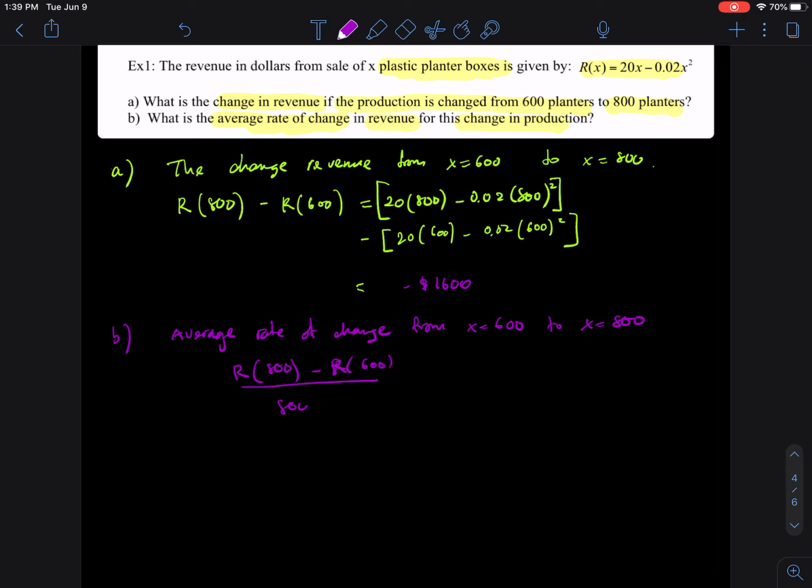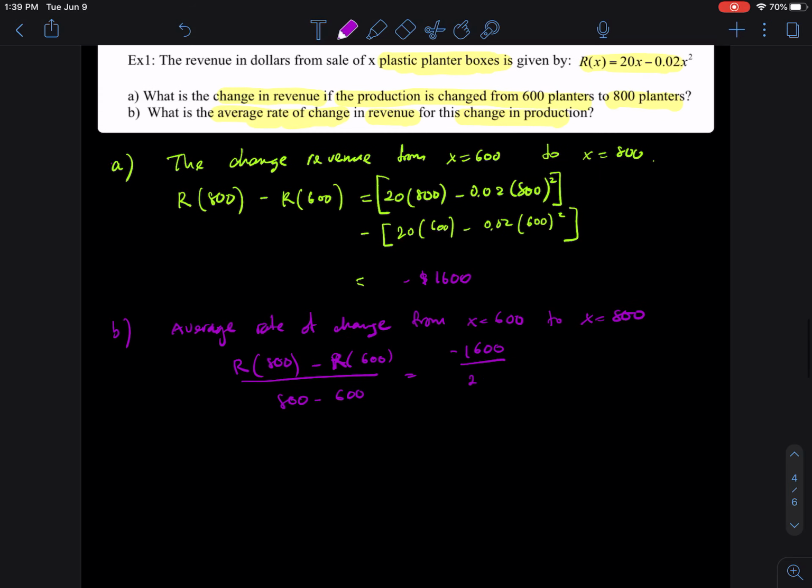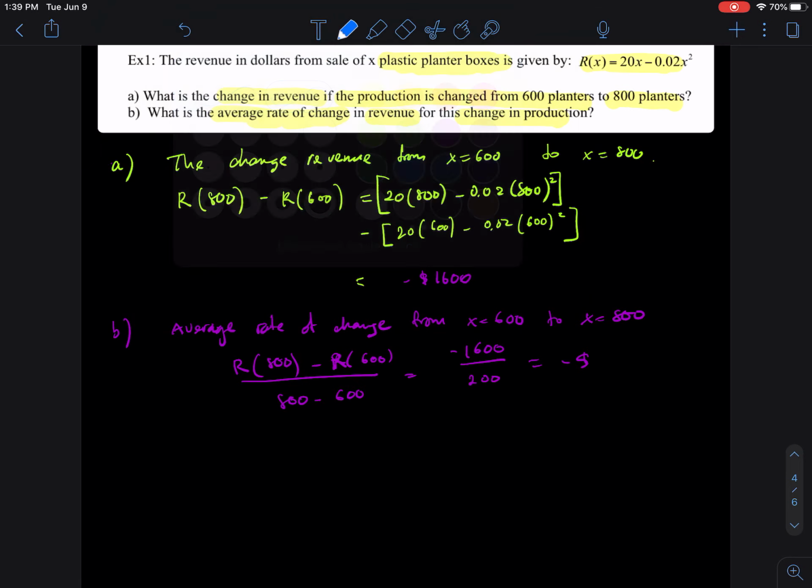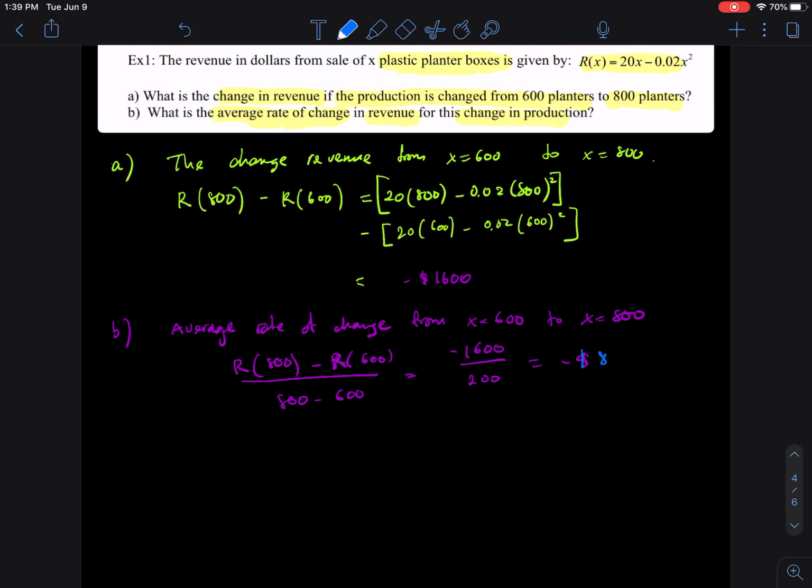In this case, it's going to be a difference of 200 in production. We know that the change in revenue is negative 1600 on the top. So that would give us negative $8.